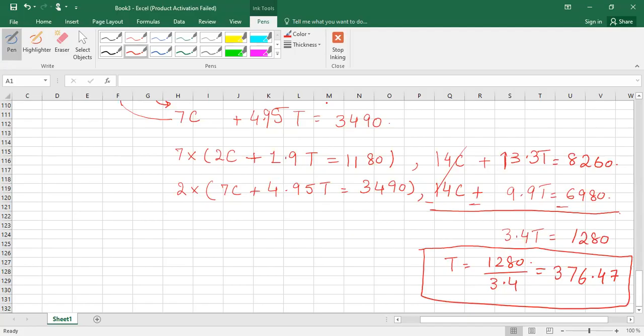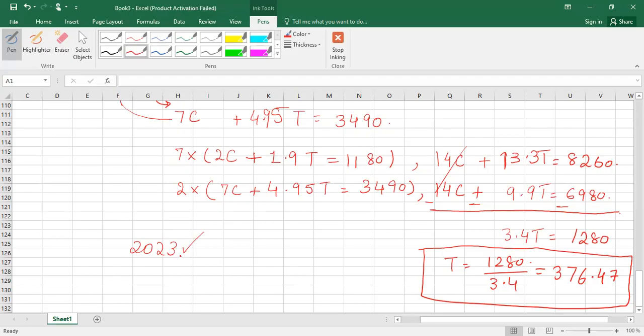Before moving further, I would like to tell you how I traced that I did something wrong. Maybe you are doing exams and you are also making the same mistake. Then how will you trace where something is wrong? In fact, here the answer was 2023 point something. I looked at this value and said that if I produce 2023 tables, my total availability is 1180. How can I even produce this number of tables with this availability of material?